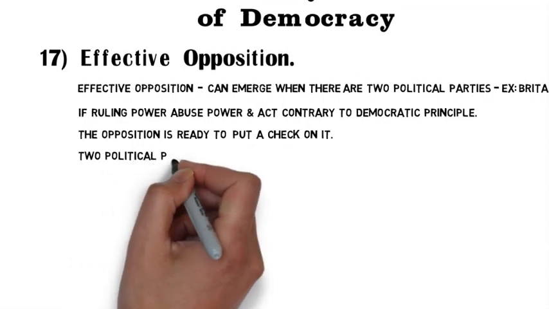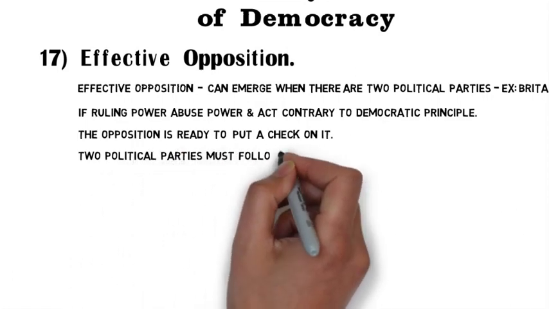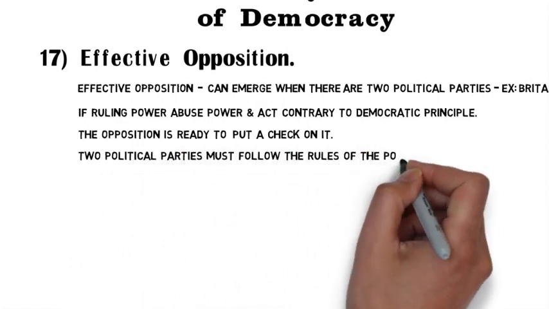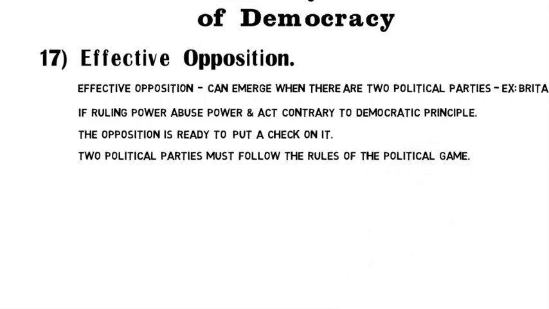The two political parties must strictly follow the rules of the political game and must always keep in mind the interest of the nation and those of democracy as a form of government and way of life.